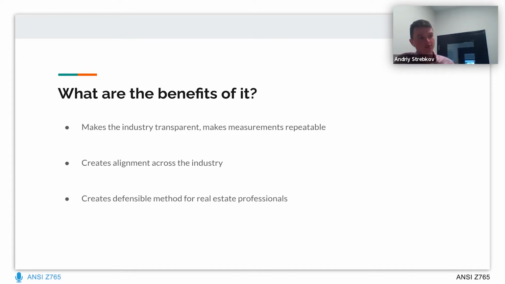And it creates defensible methods for real estate professionals. For example, real estate agents can refer to ANSI Z765, a recognized standard. It has been around for a couple of decades now, and it's very well known. So it's a defensible method for real estate agents to rely on.